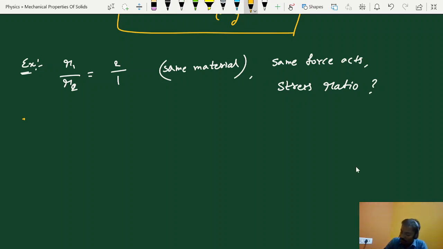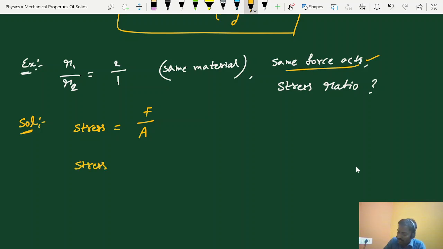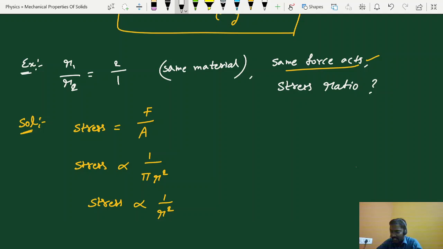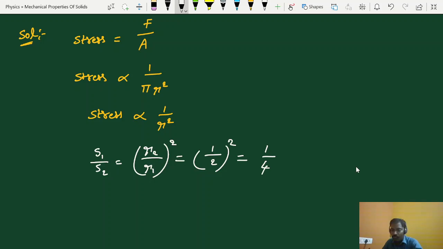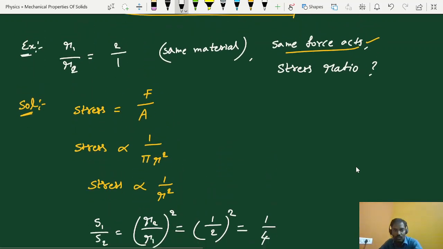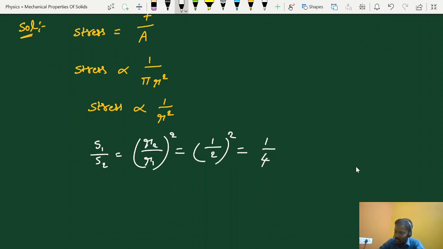First of all, what is the formula of stress? Stress is normal force by area. Here they are saying force is constant, so stress is inversely proportional to area, that is pi r square. Stress is inversely proportional to the square of the radius. So S1 by S2 is equal to R2 by R1 whole square, 1 by 2 whole square, 1 by 4. As the radius ratio is 2:1, here we have R2 by R1, so this is the required ratio.